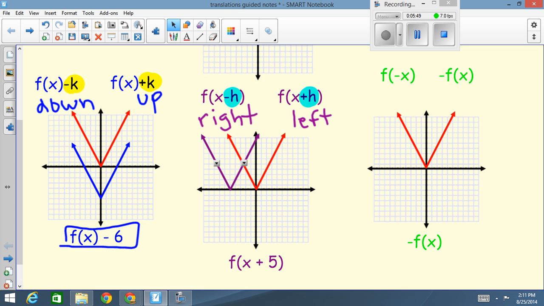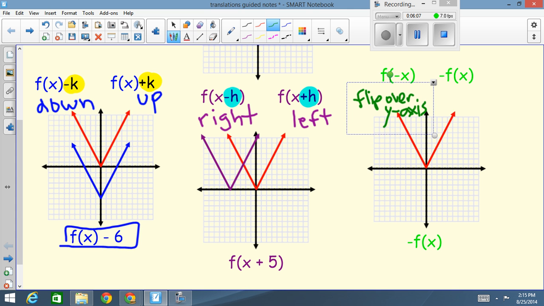Okay, it's going to be mirrored over that axis. So which is which? The f of negative x is going to be when we flip over the y-axis. And if that negative's out in front, then we flip over the x-axis.